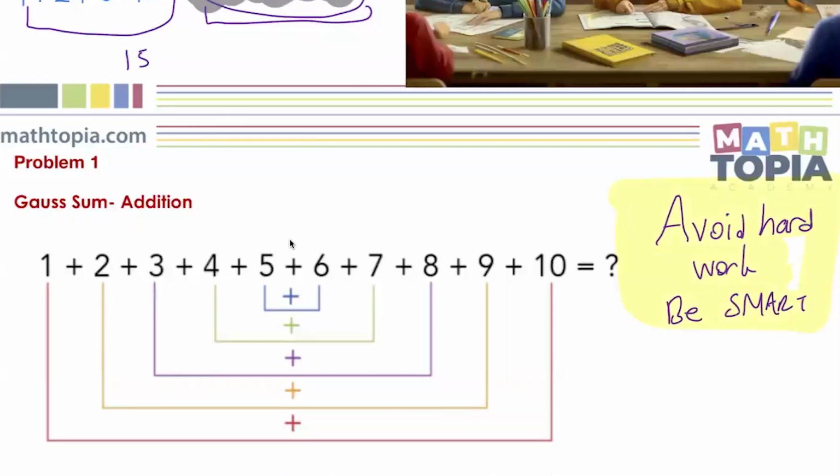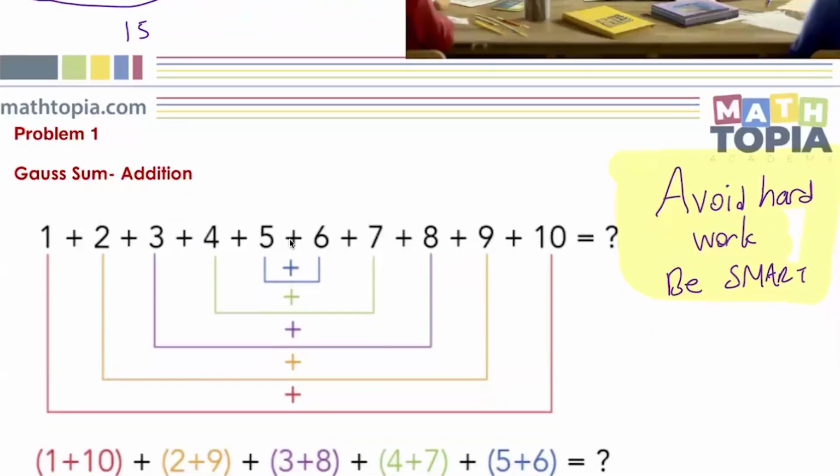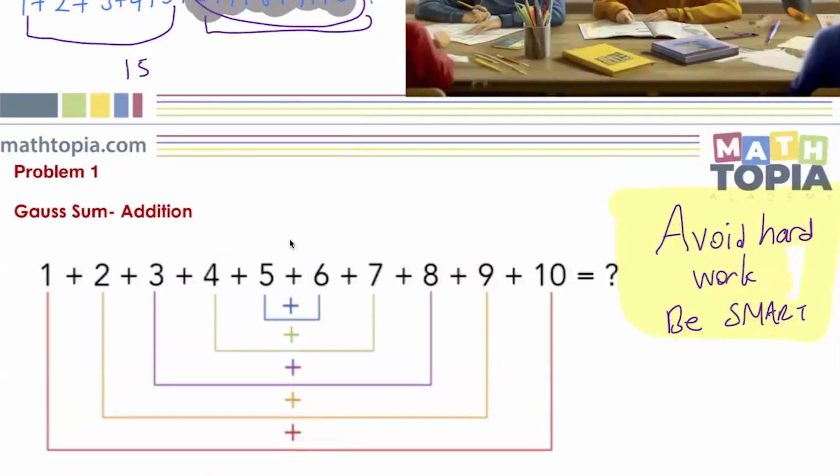How do we avoid hard work and be smart? We are not going to add them together, because what if we get the question first 1000 numbers sum? That will be terrible, right, to add them together. Who has any idea?